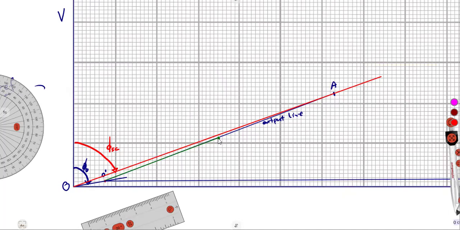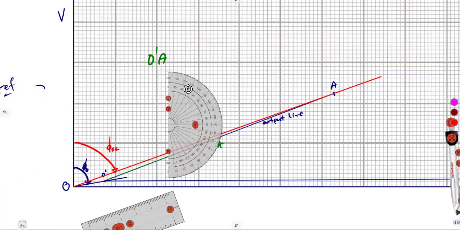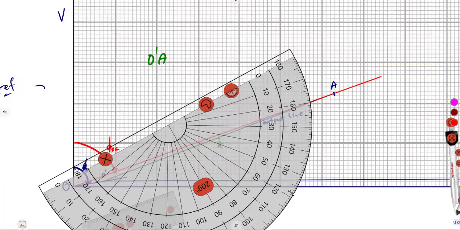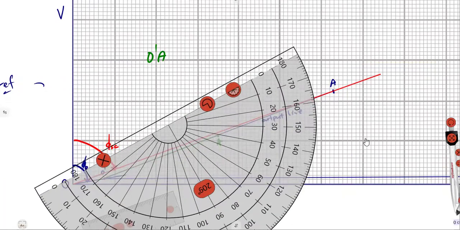Along the output line, we are going to need the midpoint halfway from O bar to A, half of that, which is this point that I indicated here. Where we are going to measure 90 degrees along the perpendicular bisector.